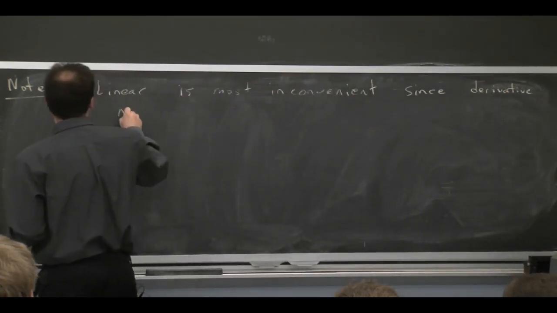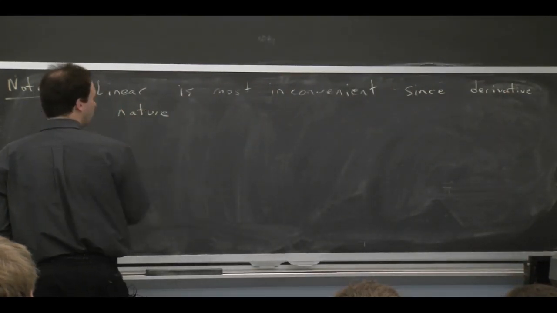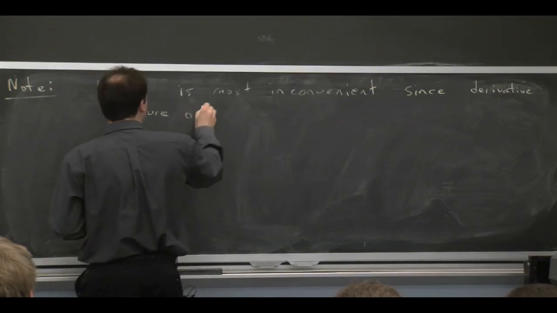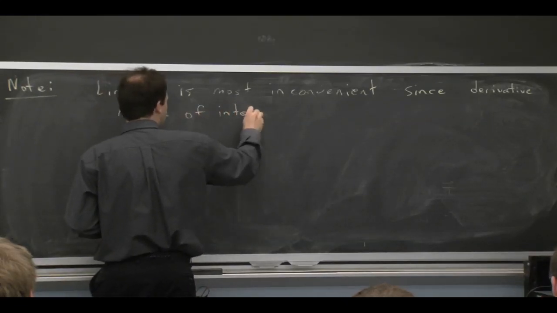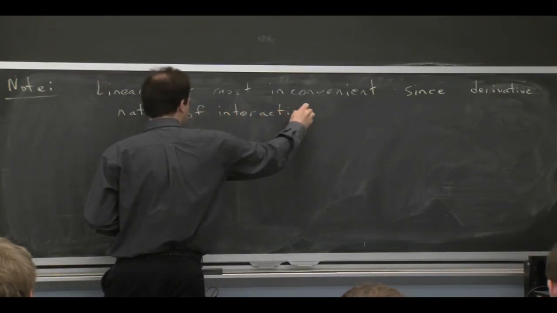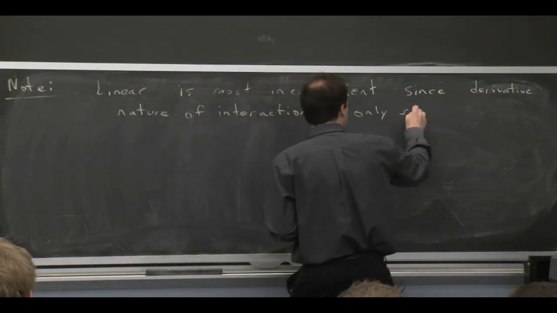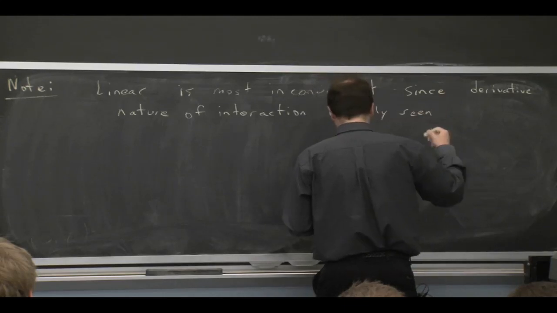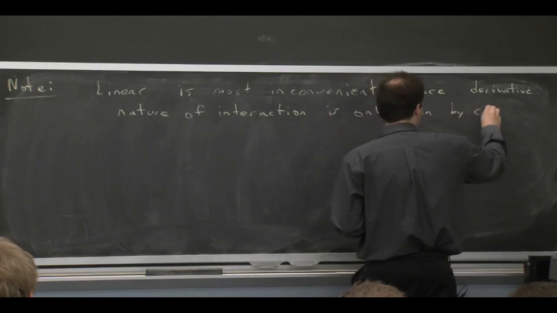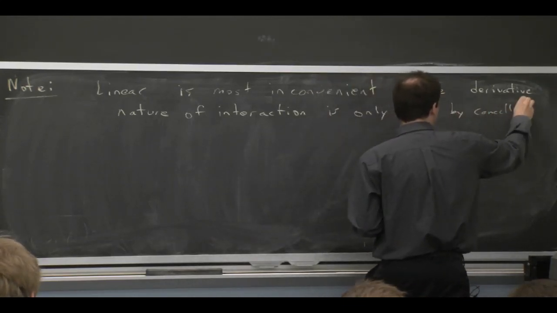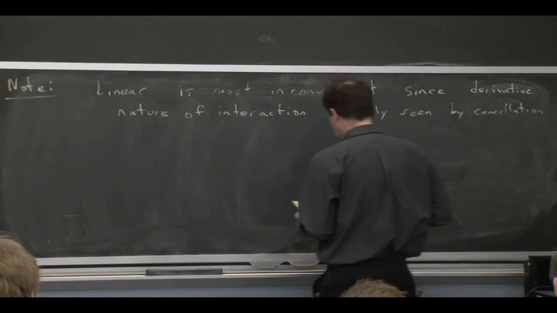So what happens is that because of chiral symmetry, we have derivative couplings. And in the linear version, we don't see that until we cancel terms. So if you think about that as a property of the symmetry, you'd like to make it explicit, and the other representations do that.